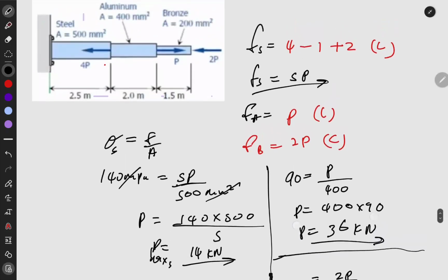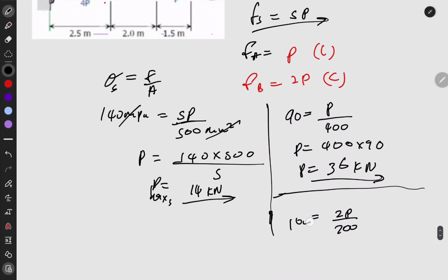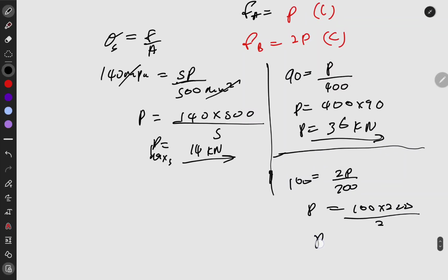And then our max stress there was 100, so P becomes 100 times 200 over 2. Then here I'm getting 10 kN.